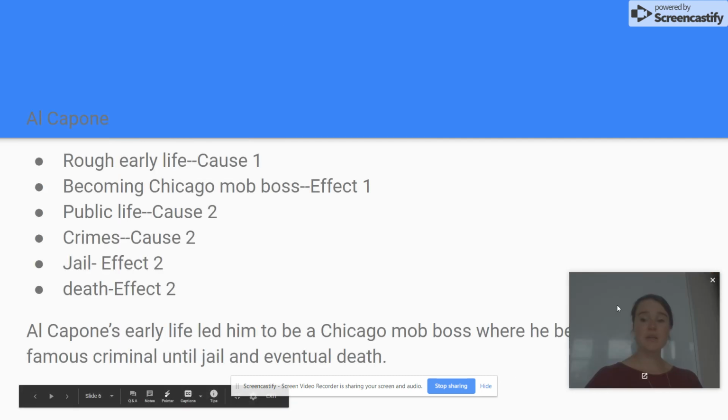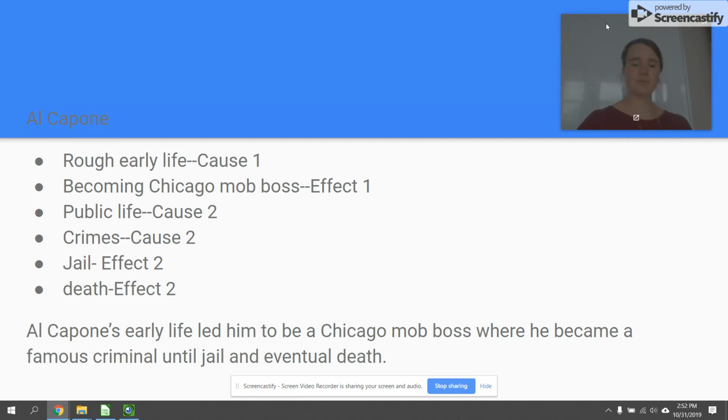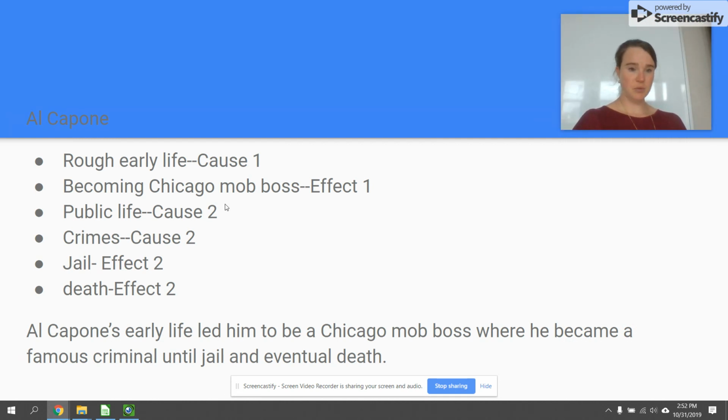Okay, so here's an example, and I'm going to float up here to the top. There we are. Here's an example of someone's categories once again, and his rough early life. I think it was very turbulent. He didn't really feel connected, which eventually led to him becoming a mob boss in Chicago, because he originated in New York and he felt like he connected here.